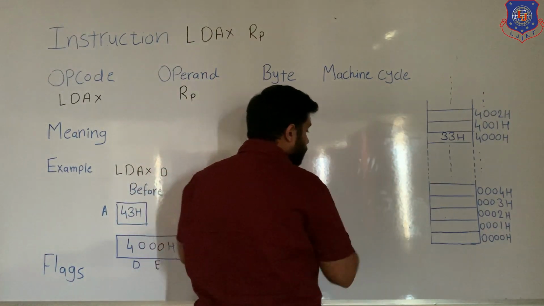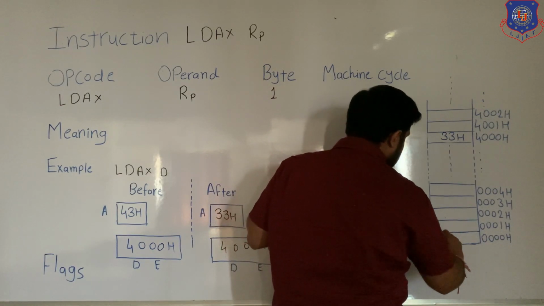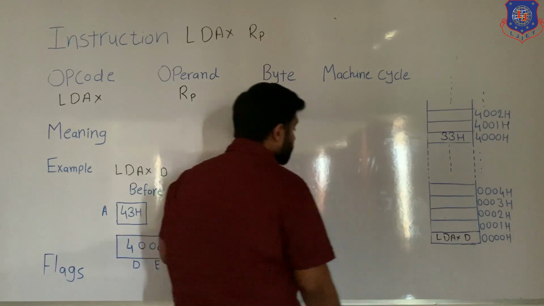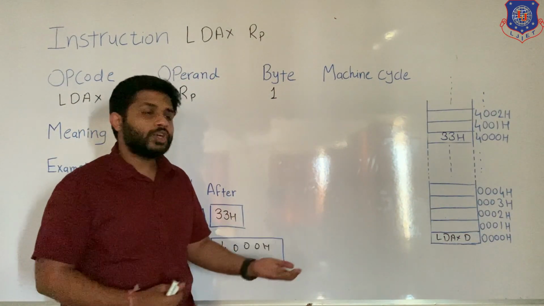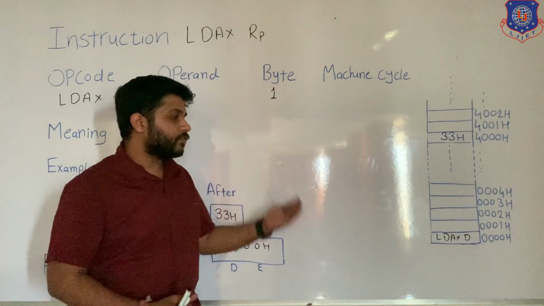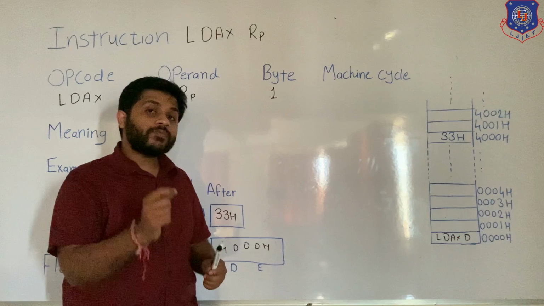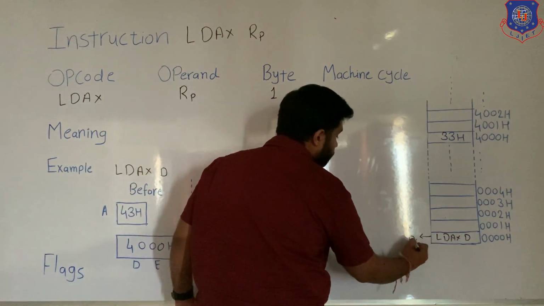So from the starting location, one instruction will be stored in one location. So LDAX D. After the instruction is stored in the memory, the processor will start doing its work, which is fetch, decode and execute. To fetch the instruction, the processor will perform the first machine cycle, which is opcode fetch.